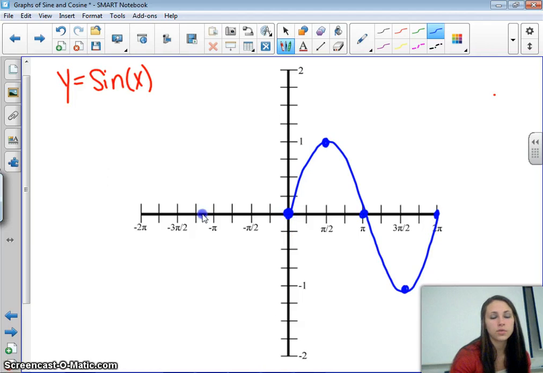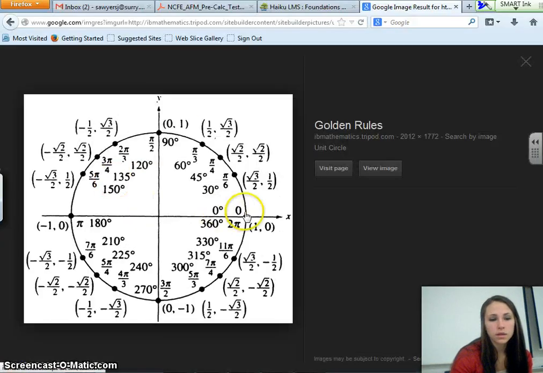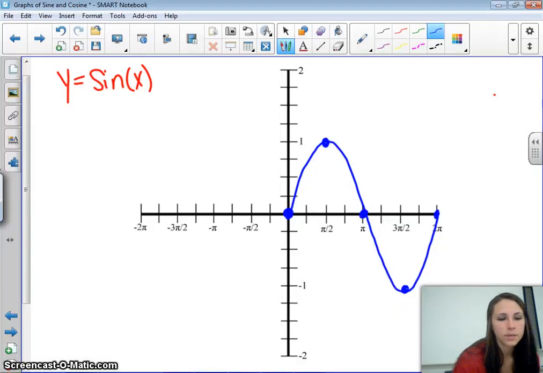To do that, remember we get negative angles. Instead of rotating this way, we're going to rotate down in this way, and that's going to give me negative angles. I've already got the point at 0, that's 0. Now I'm going to go to negative pi over 2, and that would be like this angle right here. At negative pi over 2, my y value would be negative 1, so it's going to go to negative 1 here.